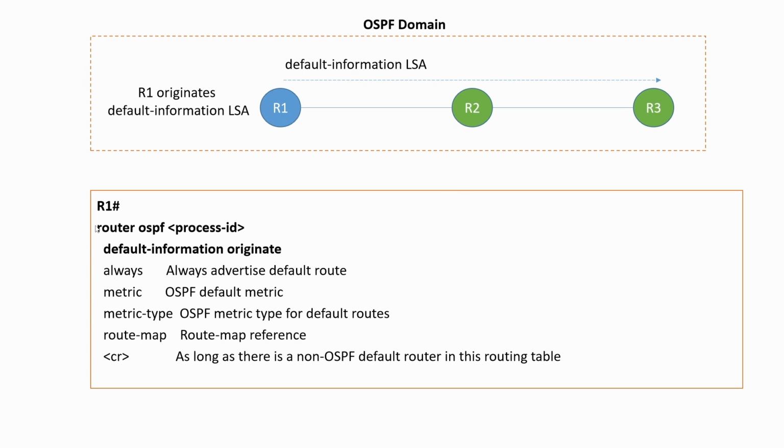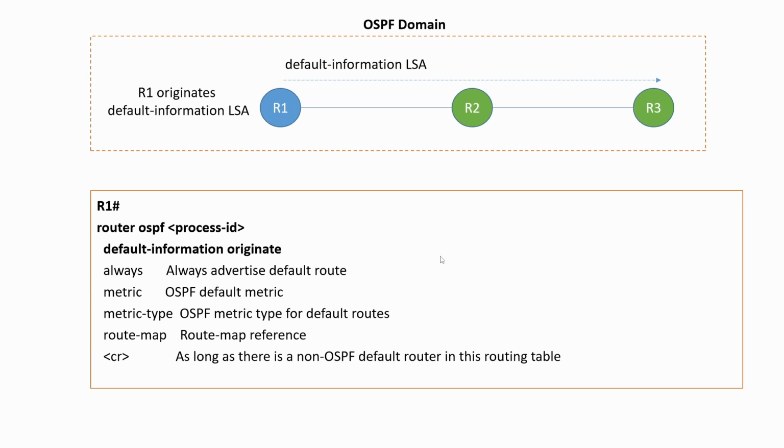Below is the command itself. This is a physical device. The command is under the router OSPF process ID. The command is default information originate. You can just use this command alone.